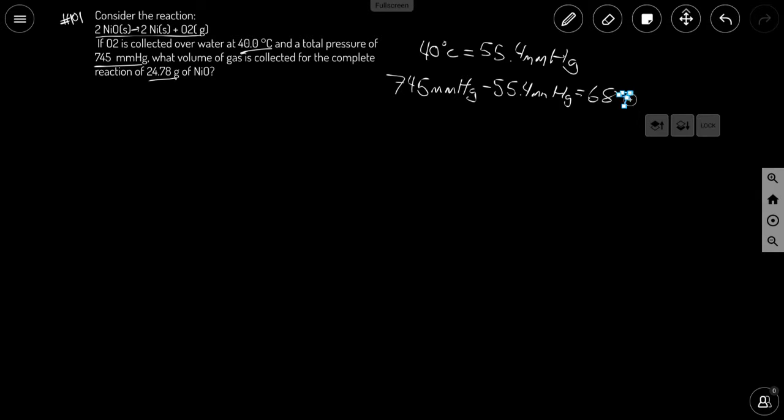I'll go ahead and subtract it from 745 millimeters mercury, which gives me 689.6 millimeters mercury.